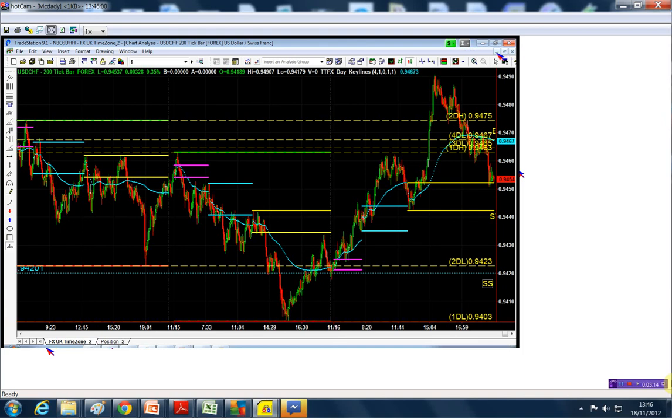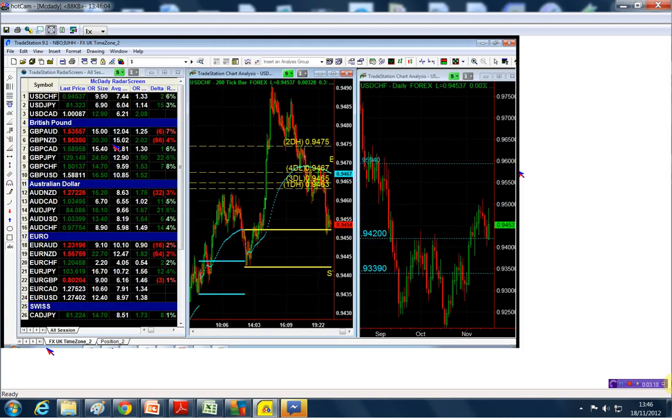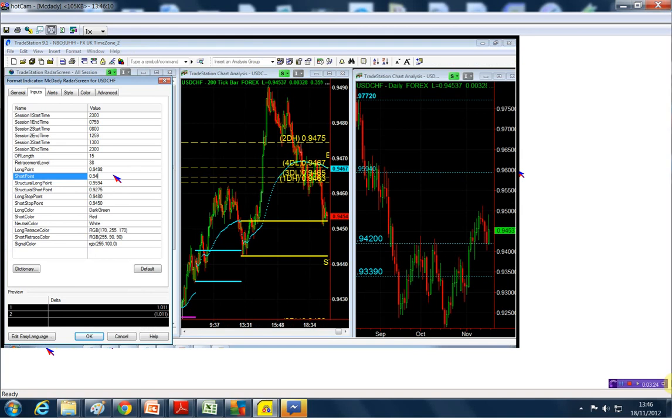So for the dollar Swiss, we are going to go short below 94.20, and this will be our structural short point, and in this case it will also be our stop, because the short entry and the structure entry is one and the same.